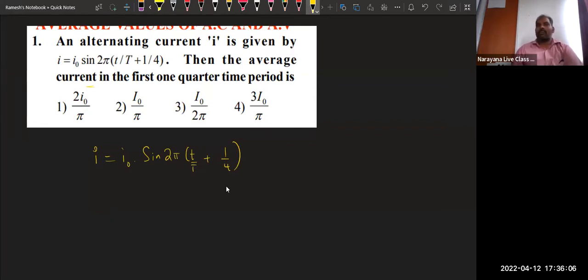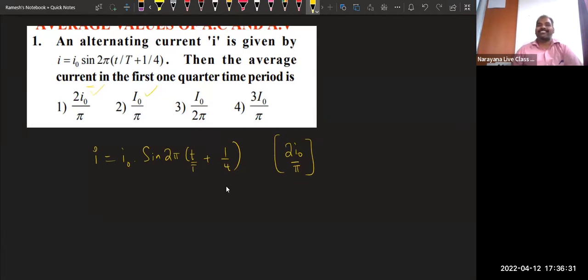Who will tell the average current formula? Many lazy students will directly put 2 I naught by pi. But this is for a half cycle, sir.